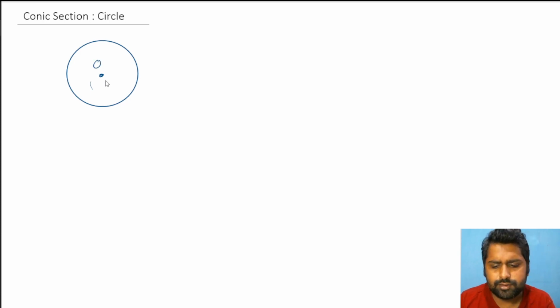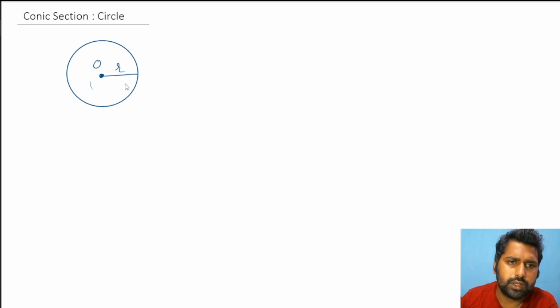And suppose I give you that you have to move a fixed distance, let's say r. That means from this point O you have to keep moving in any direction. The restriction is that your distance from this point should remain constant, that's the value r.